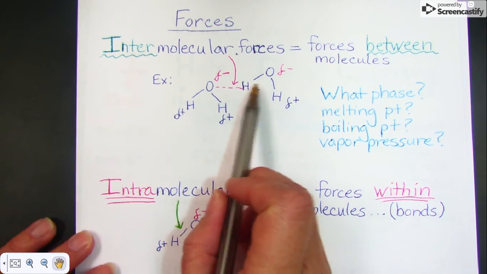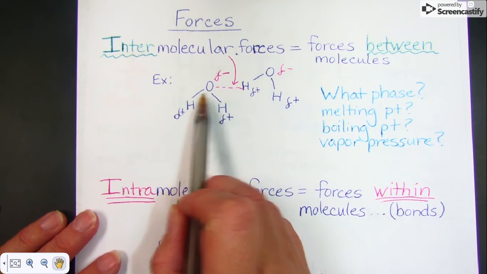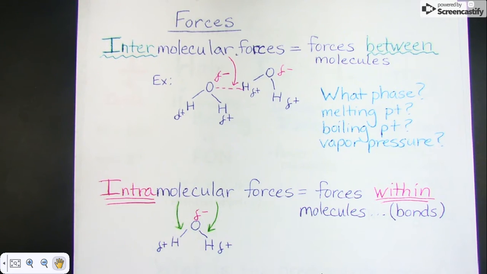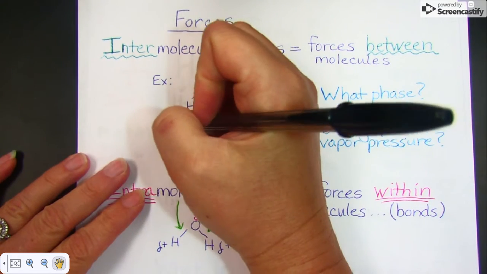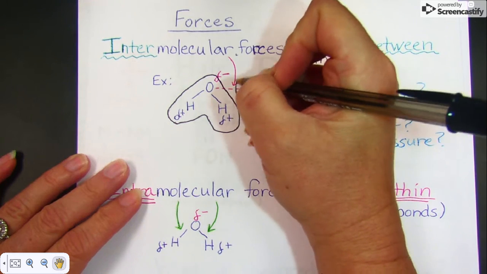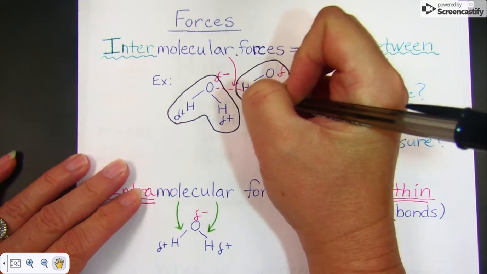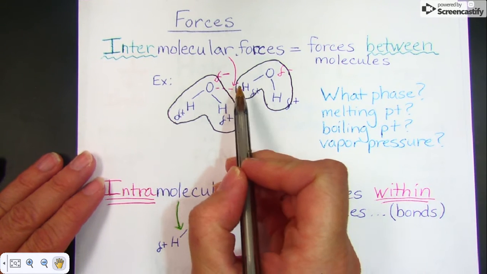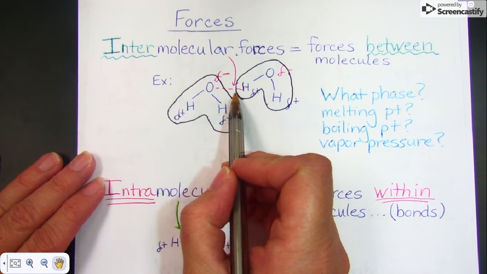The other water molecule then interacts with that water molecule. So we have two separate molecules. And in between them, we have an interaction, and this is designated by this dotted line. It's called an intermolecular force.